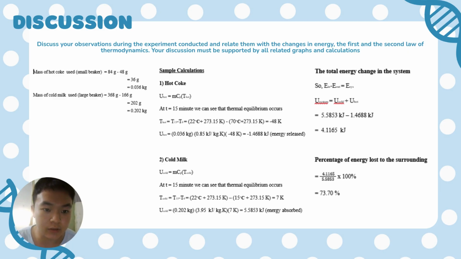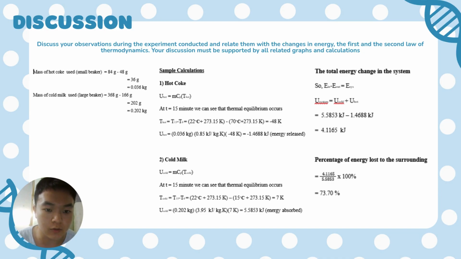With the sample calculation of the change of energy, we use the equation mass multiplied by specific heat capacity multiplied by the temperature change.